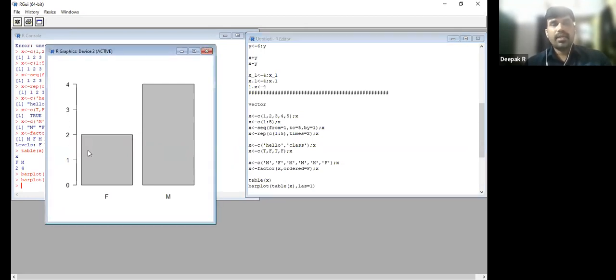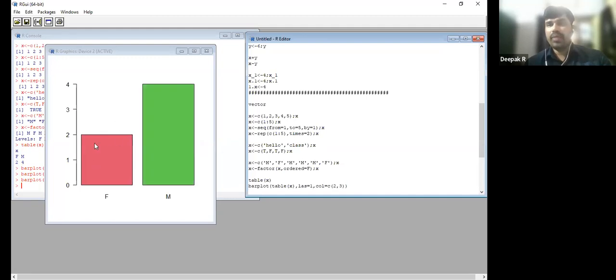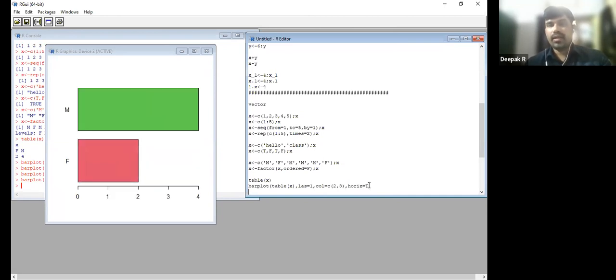If you want to have color, we can add some color to it. We can say red or blue. And if I say horizontal equals true, we can convert this.